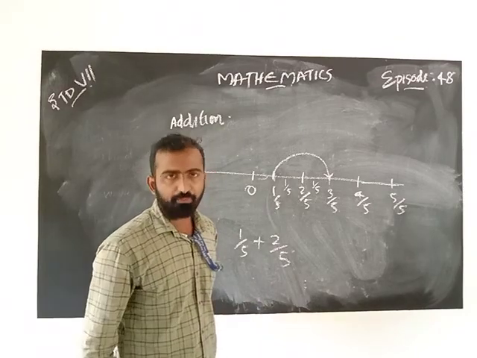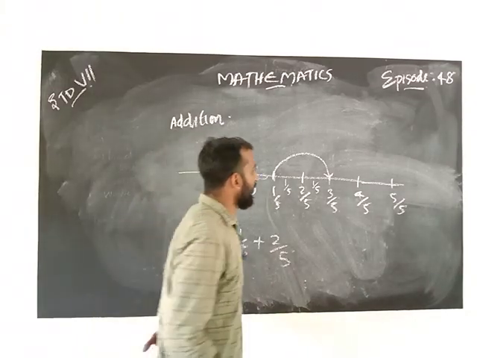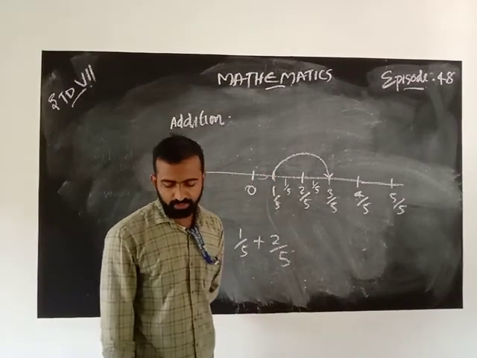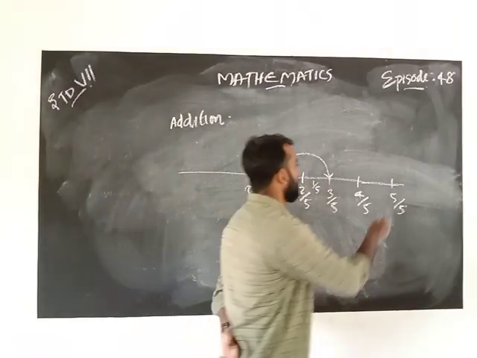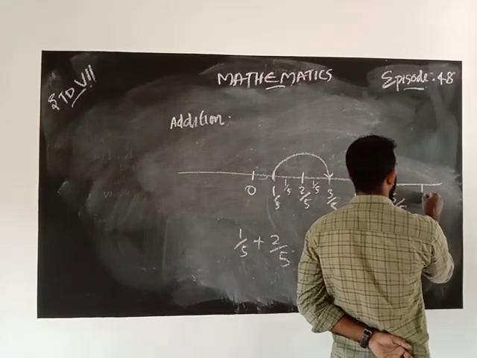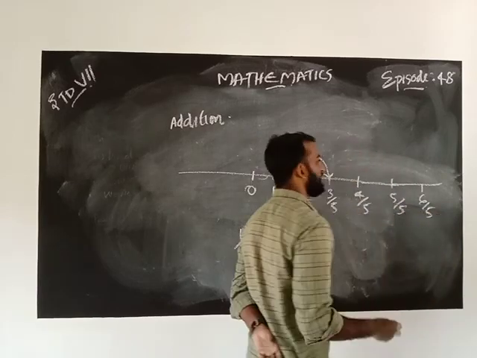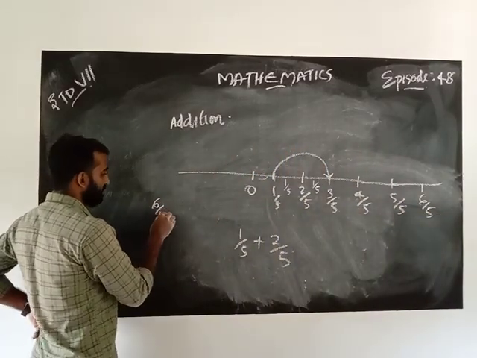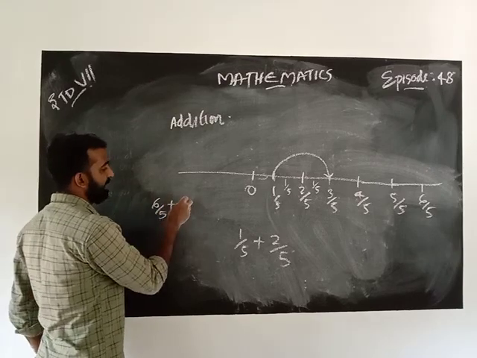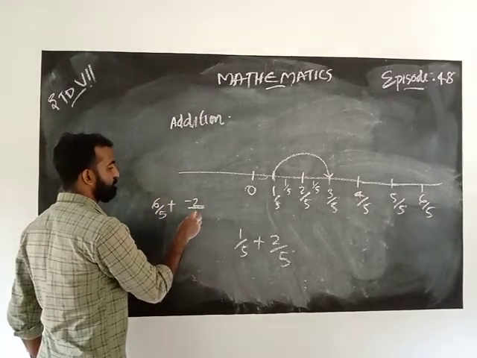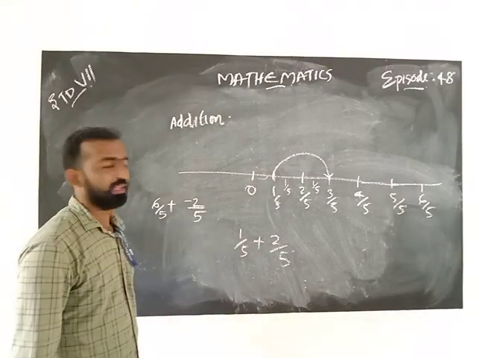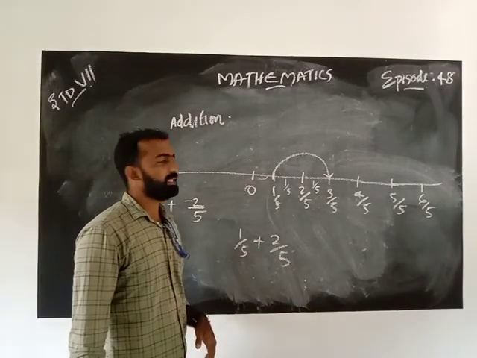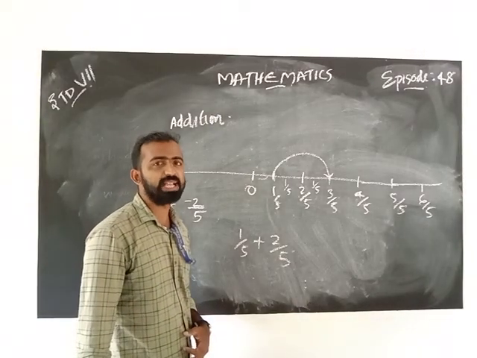For another example, we want to find 6 by 5 plus negative 2 by 5. What is the answer?